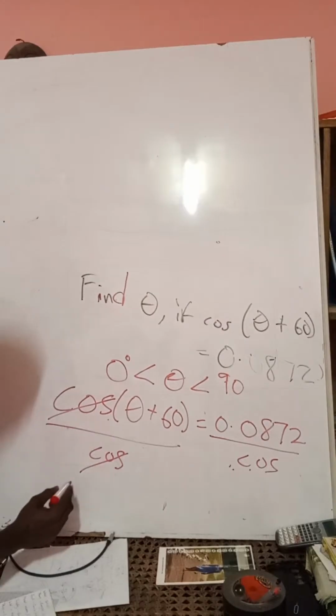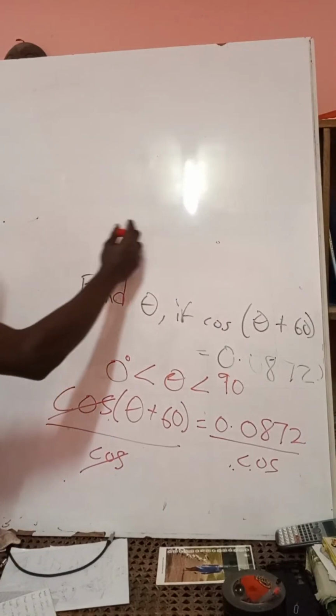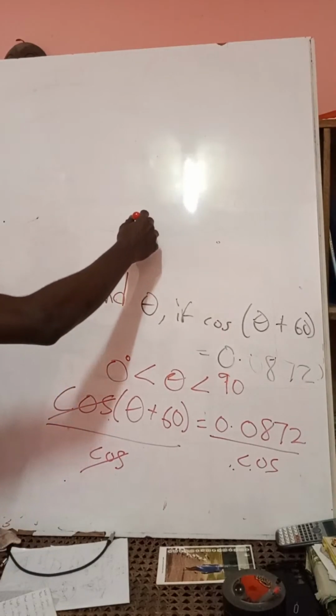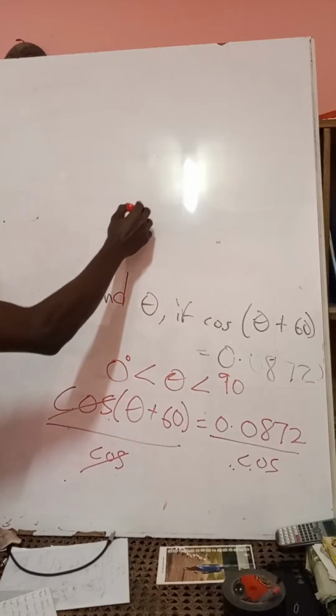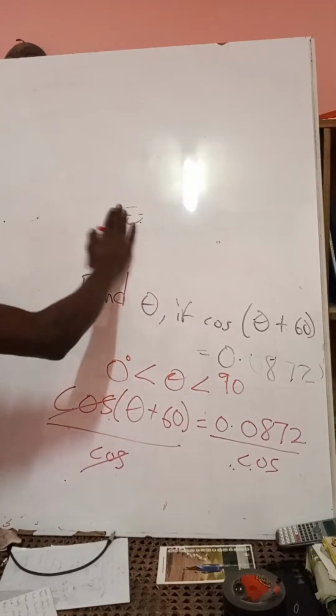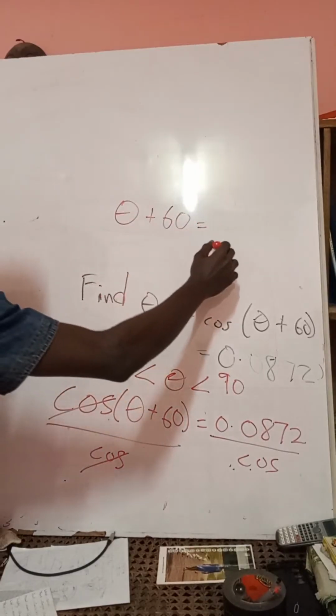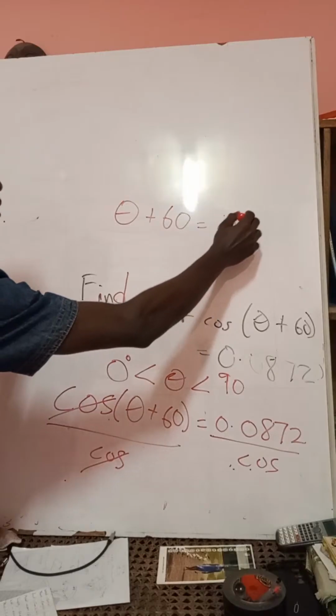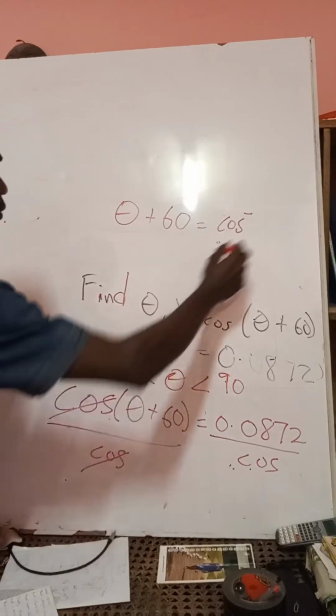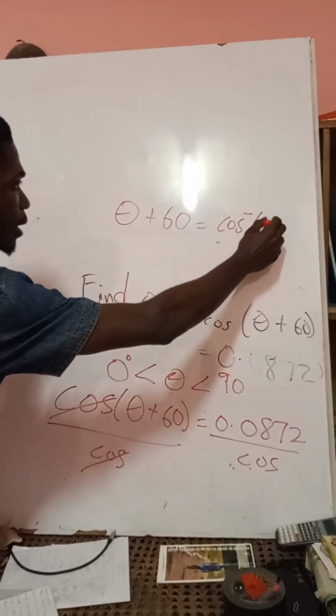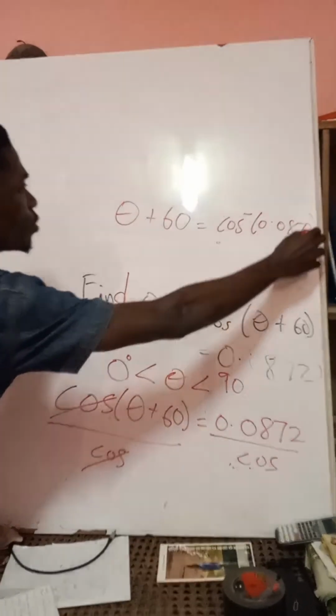So we'll be having, let me write it here, theta plus 60 to be equal to cos inverse of 0.0872.